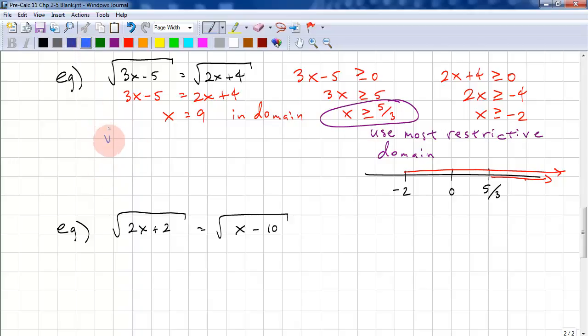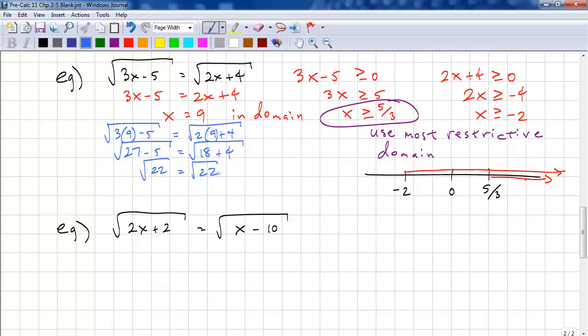We have square root of 3 times 9 minus 5 equals square root of 2 times 9 plus 4. This is square root of 27 minus 5 equals square root of 18 plus 4. So this is square root 22. This is square root 22. So our answer is good.